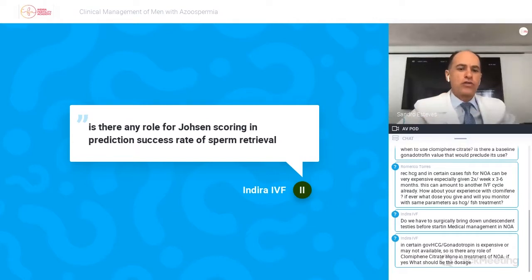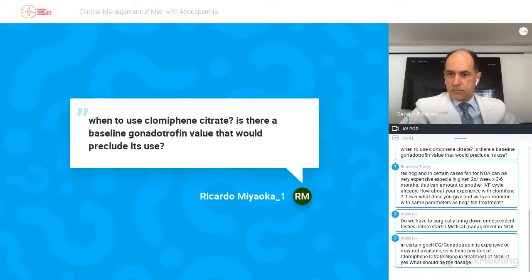And then they provide us with the information about the most advanced histopathology they found in the biopsy. That could be hypospermatogenesis, maturation arrest, and then also again, Sertoli cell only. So it provides us a good scoring system for prediction of sperm retrieval success.